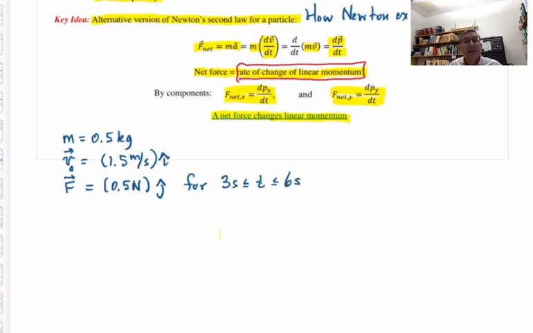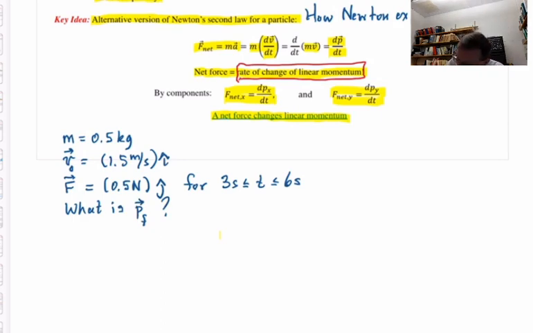I want us to calculate the final linear momentum, p final arrow. And of course, I want the answer in unit vector notation.